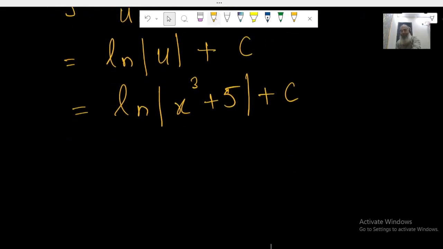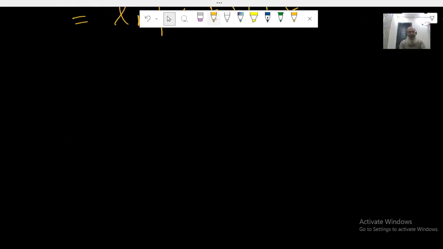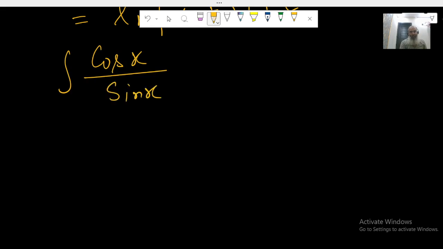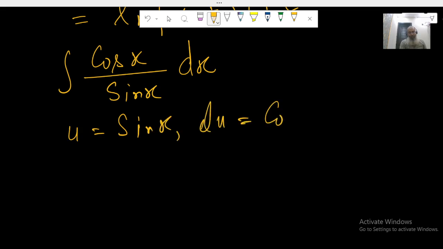Do you want more examples? Okay, I give you one more example. Stay with us. Here is cos x over sine x dx. So sine x is the denominator and its derivative is cos x. So substitute u is equal to sine x and du is equal to cos x dx.